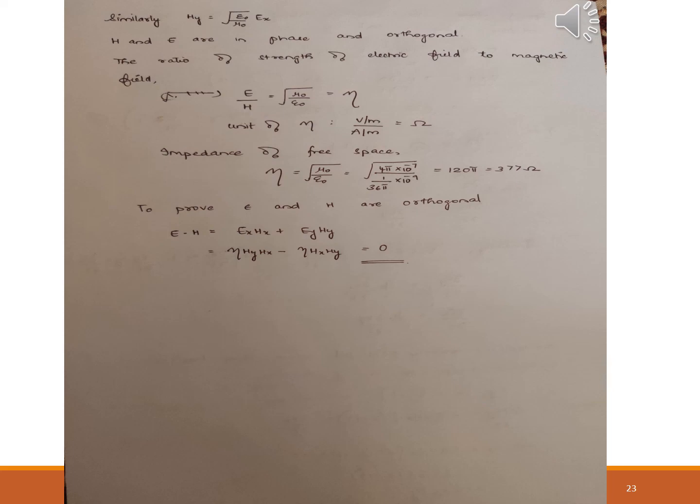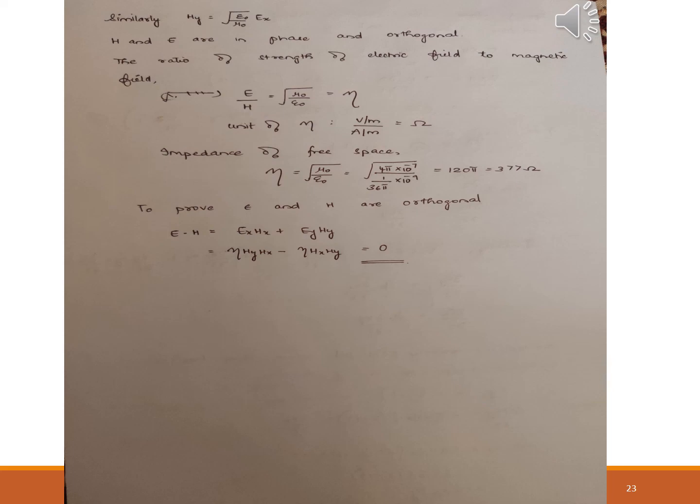When you take the dot product, you multiply the magnitudes: Ax dot Ax is 1, Ay dot Ay is 1, Az dot Az is 1. In the Z direction we are not having any E or H. The E and H lie only along X and Y. So Ex Hx plus Ey Hy, that is the dot product.